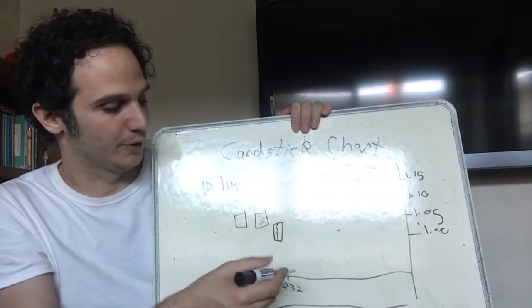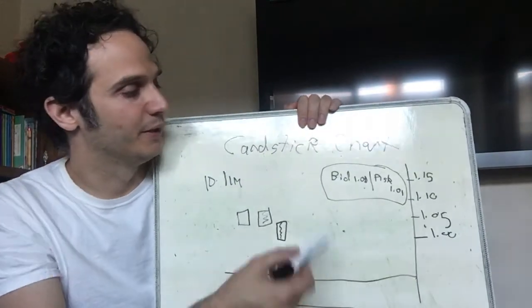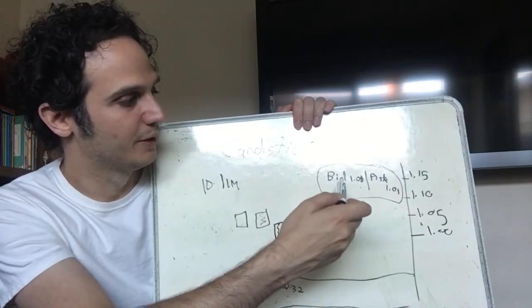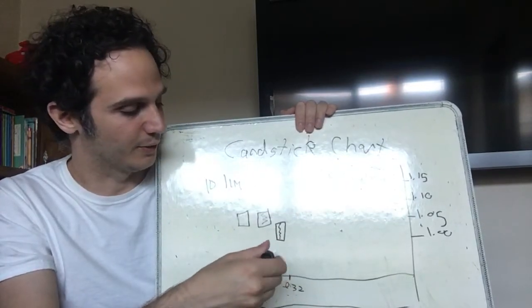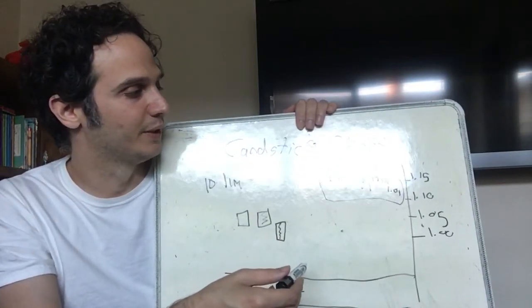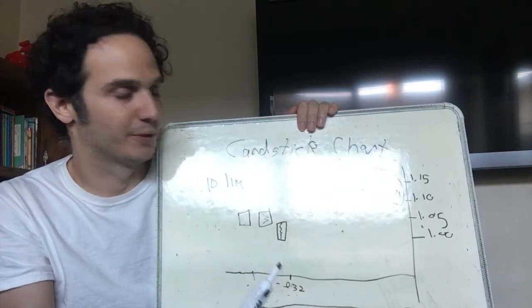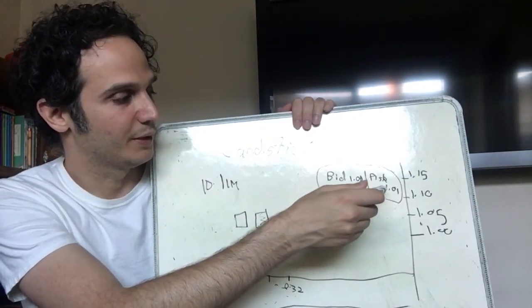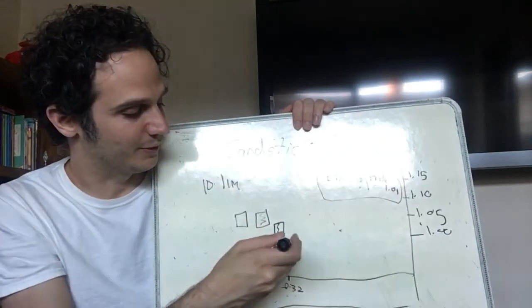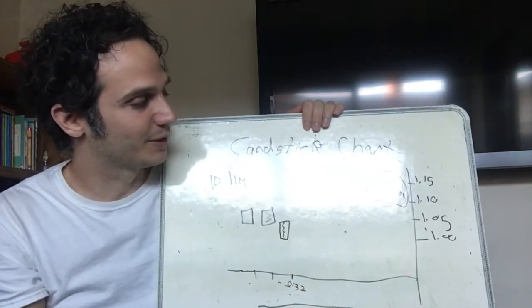If you put in an order at 95 cents and the bid and the ask are 1 and 1.01, don't expect to get your order executed. But if you're trying to buy the stock at $1 or $1.01, your order will probably go through.